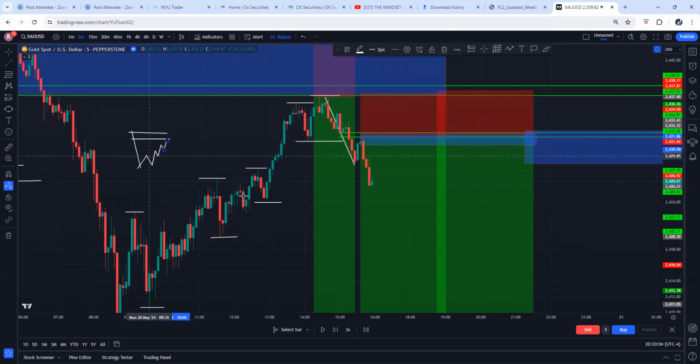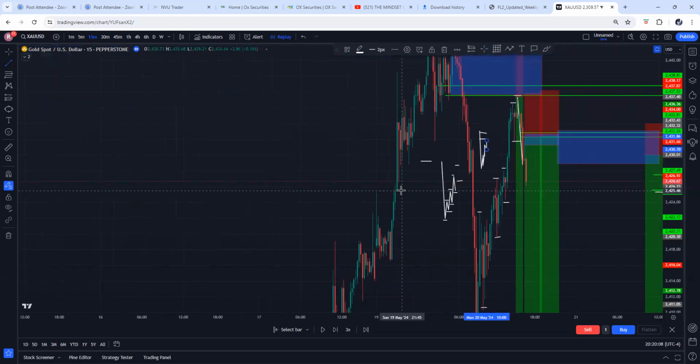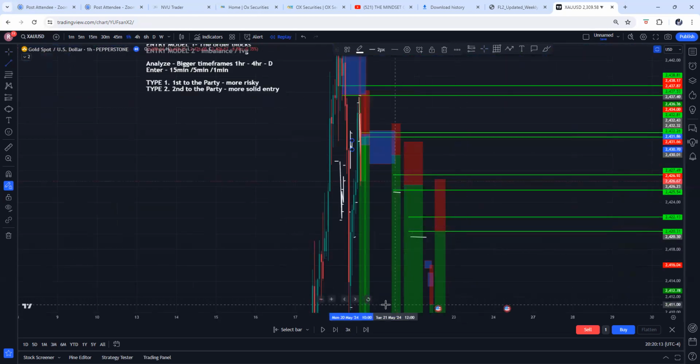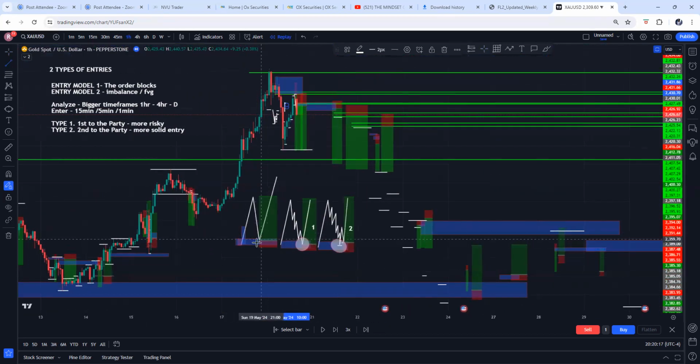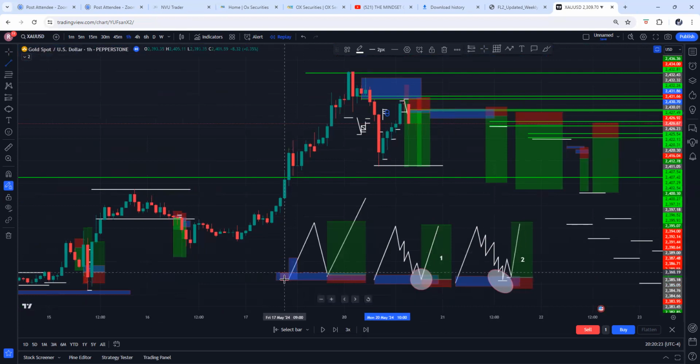Let me go back. Where is it? Here. See this? This is where we enter from. We're looking for entries on the order block, the same thing again and again, just from a smaller time frame perspective. That's all.